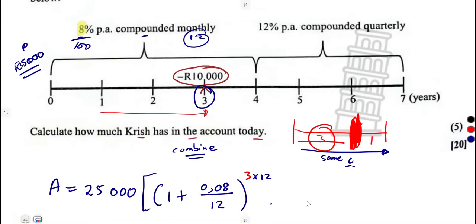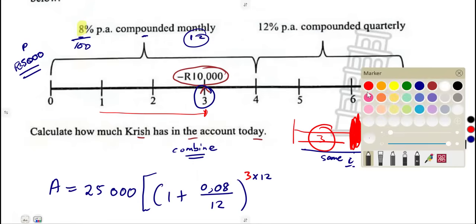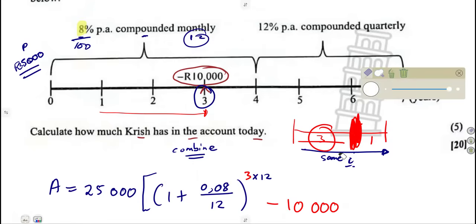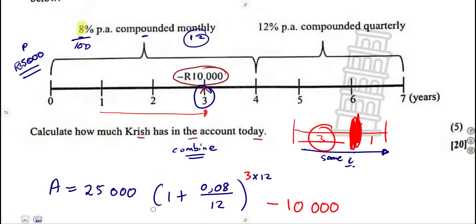So let's take out our 10,000. This is the withdrawal, minus 10,000. Whatever we have in our simplification is now affecting everything here, because it is a certain value that is accumulated in 3 years.